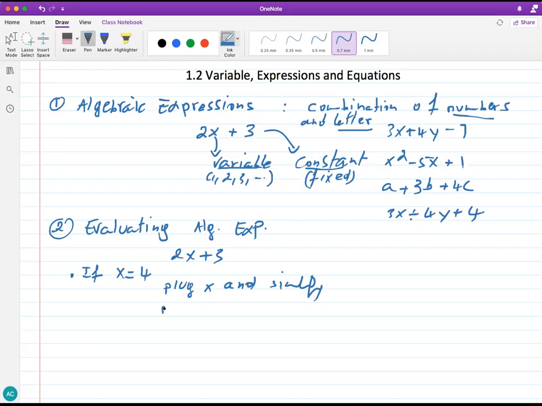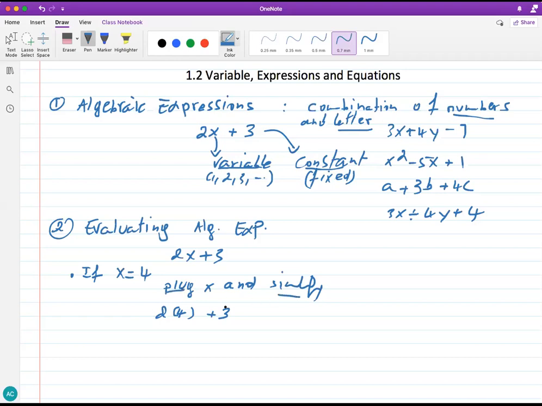So to do so we get 2. 2x means 2 times x, which we can write like this. 2 times whatever the value of x is. What is the x in this case? 4. That's right, we have a 4 here. And the rest is a constant. This doesn't change. It will be constant or fixed the whole time. So we can write plus 3. Okay, once you do that, you simplify. So we plugged in.